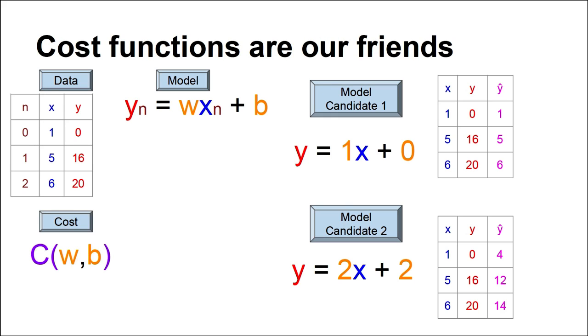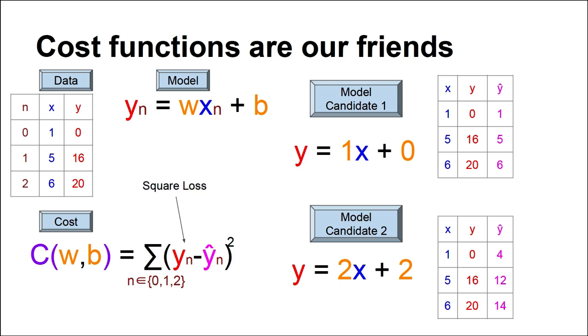Okay, so we need to define a cost, and the cost is basically what's going to tell us, given the parameterization w and b, how good or how bad the model is. One possible cost function is what we call squared loss, and basically we are going to take the actual answer and subtract the answer that the model got, and we are going to square it so that it's always positive.